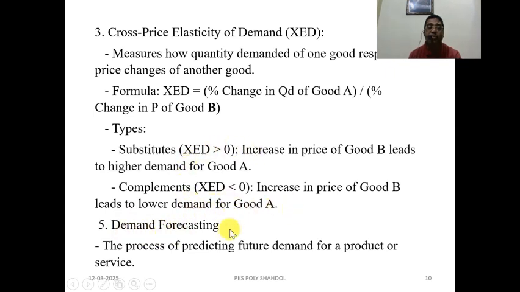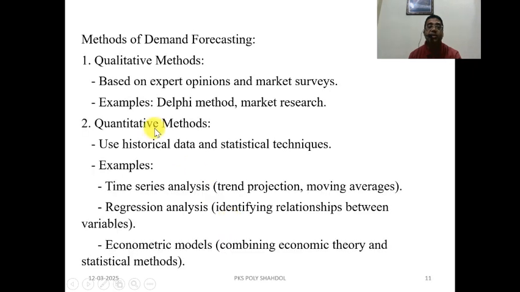Now, demand forecasting. The process of predicting future demand for a product or service. Methods of demand forecasting: qualitative method and quantitative method. Qualitative methods are based on expert opinion and market survey, for example, the Delphi method and market research, as I discussed earlier.